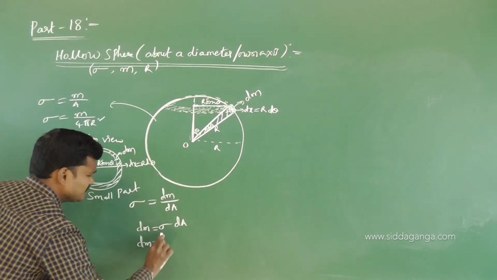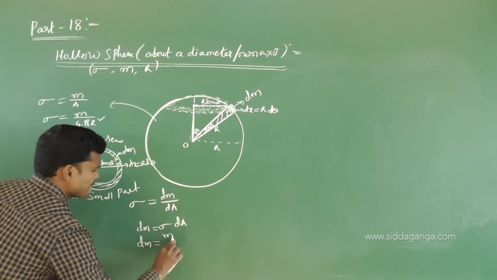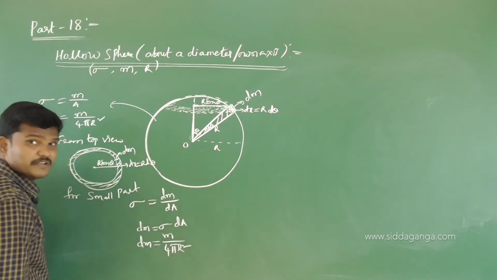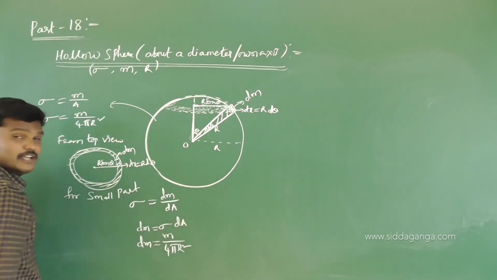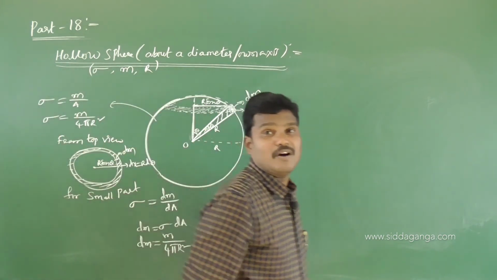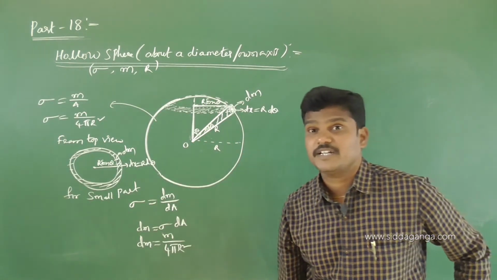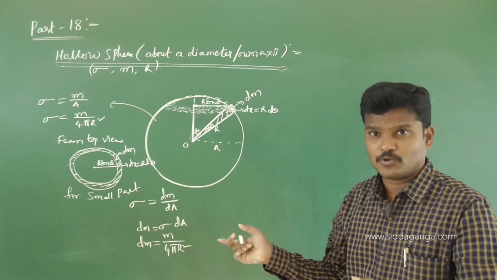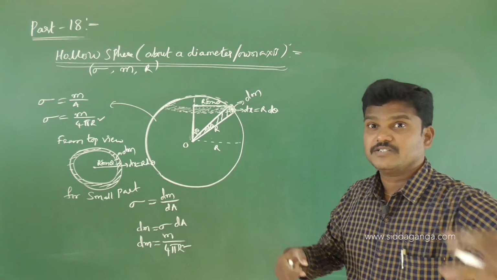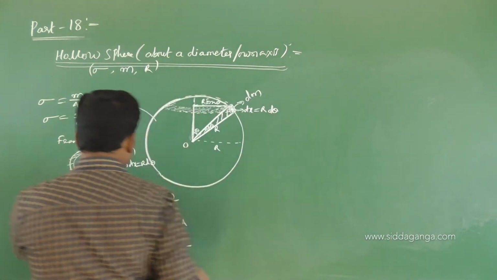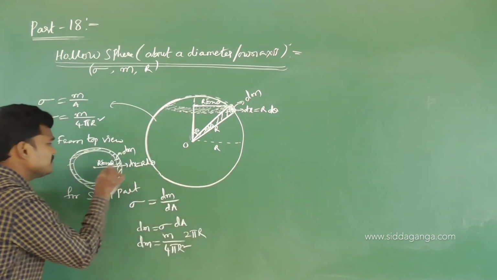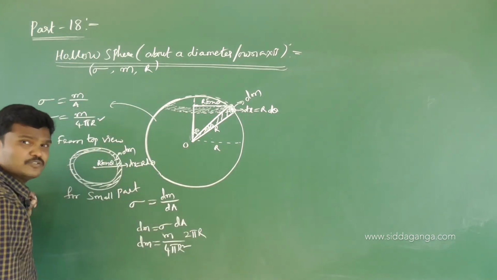We already got sigma, m by 4 pi r square, times dA, the area of that small part. Area of the small part is length into breadth. Just take that ring outside and stretch it on a floor. The length of that ring is 2 pi r, actually 2 pi r into dx.